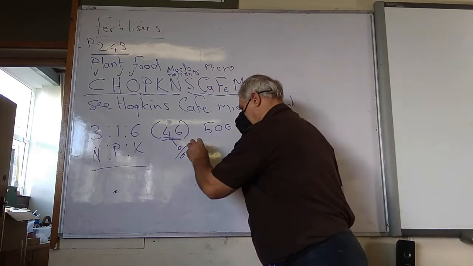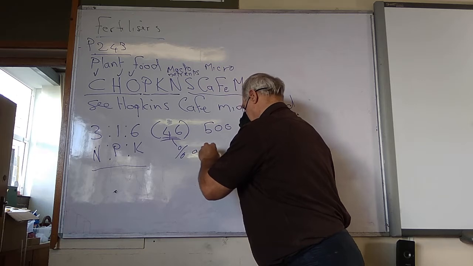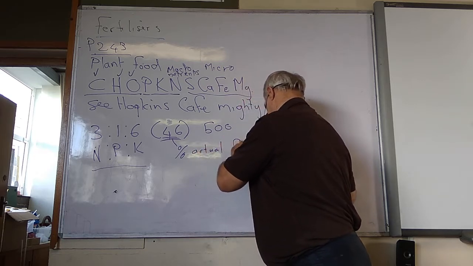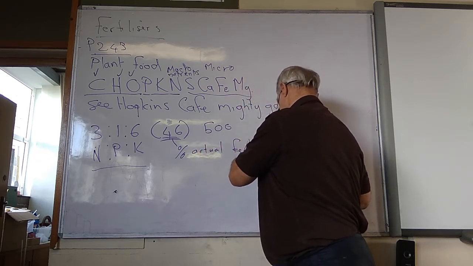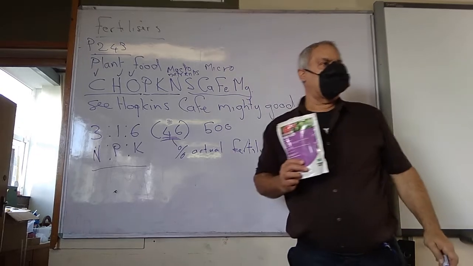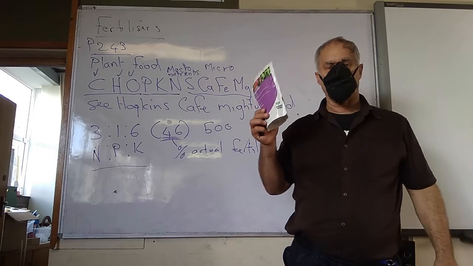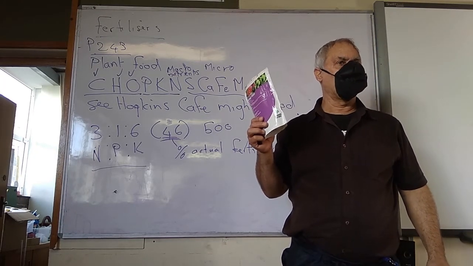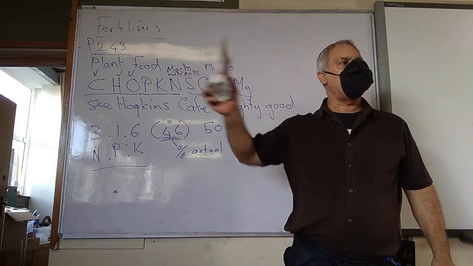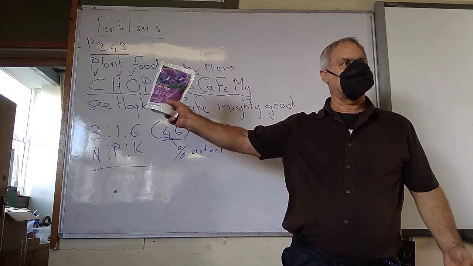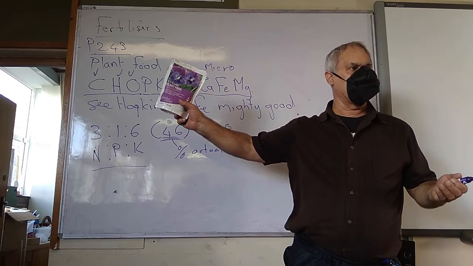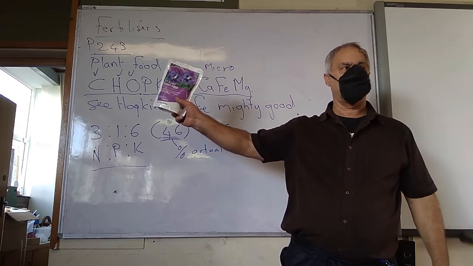So, who can work out with a calculator what amount of actual fertilizer I'm getting for my money? I'm not getting 100% for my money. I'm getting 46% of what I paid for. So what's 46% of 500 grams?